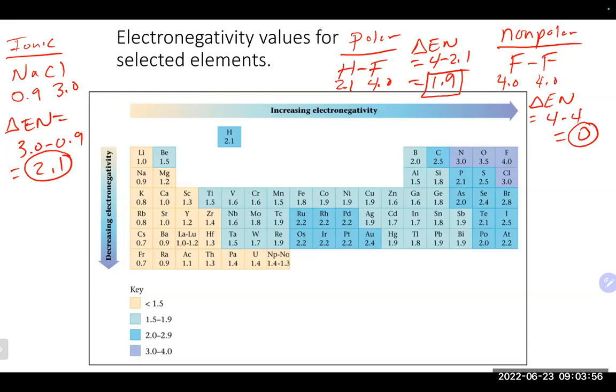I'm going to give you some, and why don't you take a second to decide whether they're going to be an ionic bond, a polar bond, or a nonpolar bond.